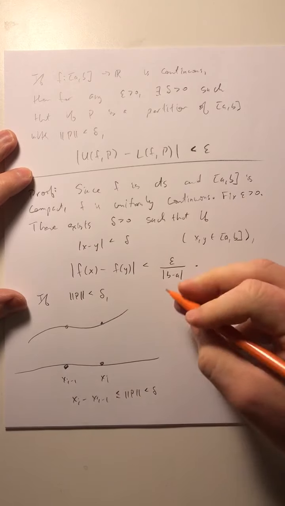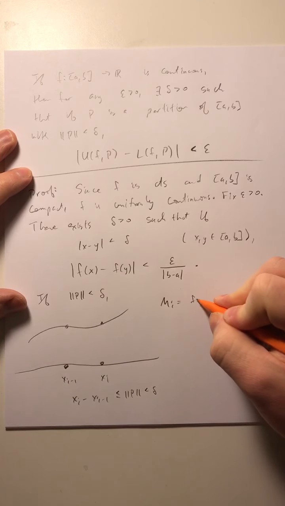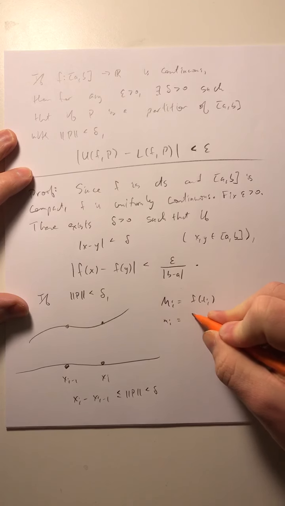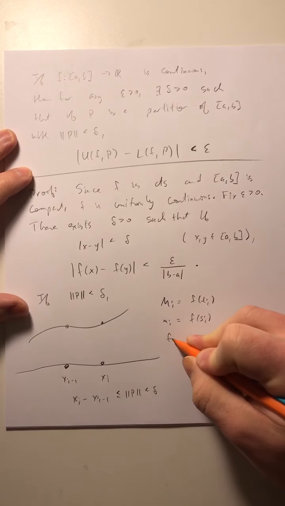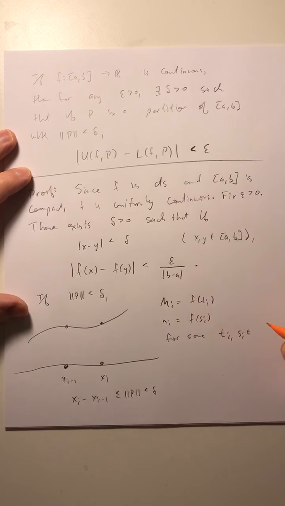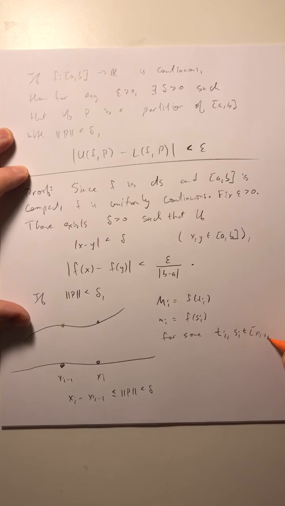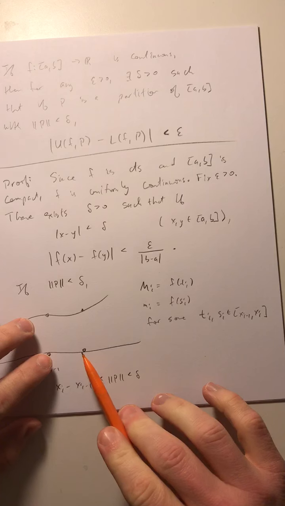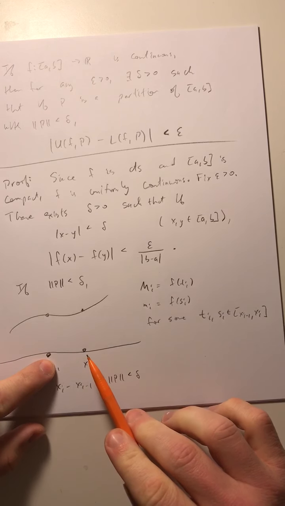So I could say capital M i equals f of t i, and lowercase m i equals f of s i for some t i and s i in this interval. So remember, capital M i is the supremum of the function values on this interval. Because my function is continuous, that supremum is actually a maximum.